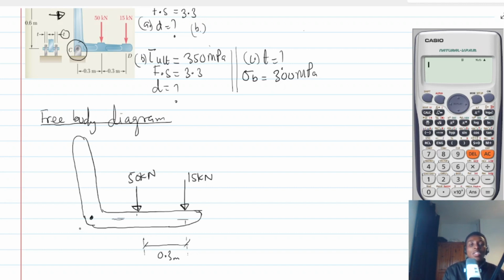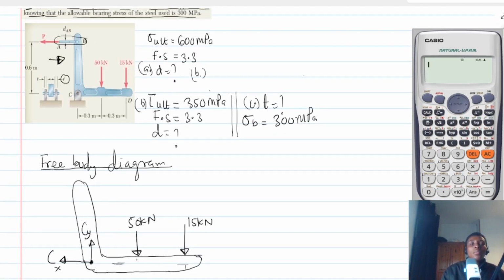Then, at this joint C, that is also a distance, 0.3 meters away. Now there is C, which is a joint. So we expect that for a pin joint, CX and then CY. Okay.